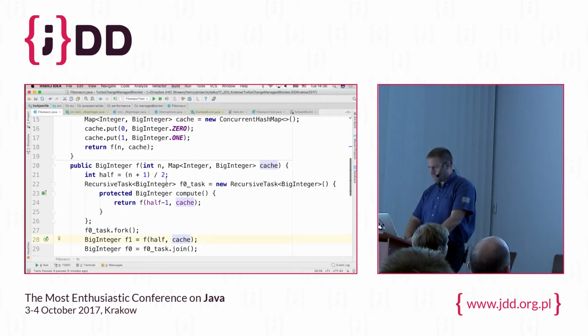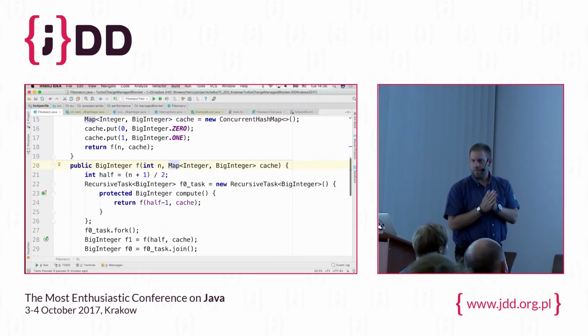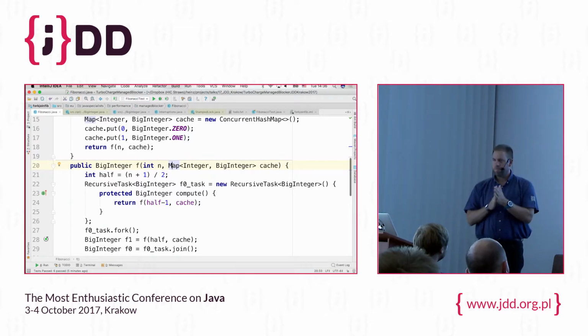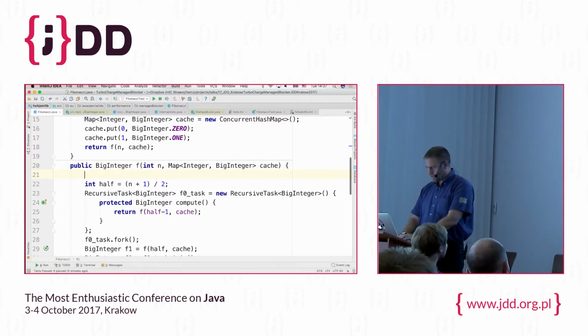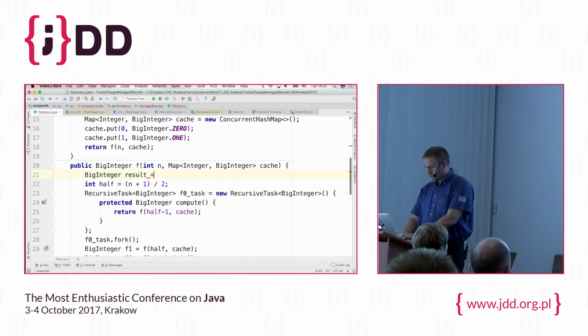And then we need to, of course, first check whether that is in the cache before we calculate it. Now, what's a good way to do that? What's a good way to only call it when it's not there? Any ideas? So basically, I want to do this: BigInteger result equals cache.get(n).